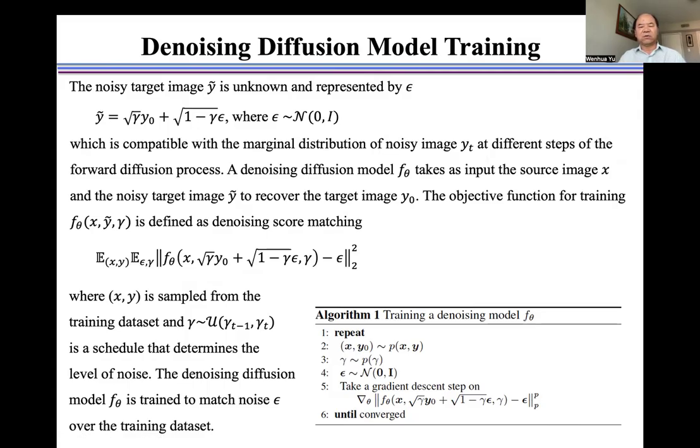A denoising diffusion model f theta takes as input the source image X and the noisy target image y tilde to recover the target image Y0.